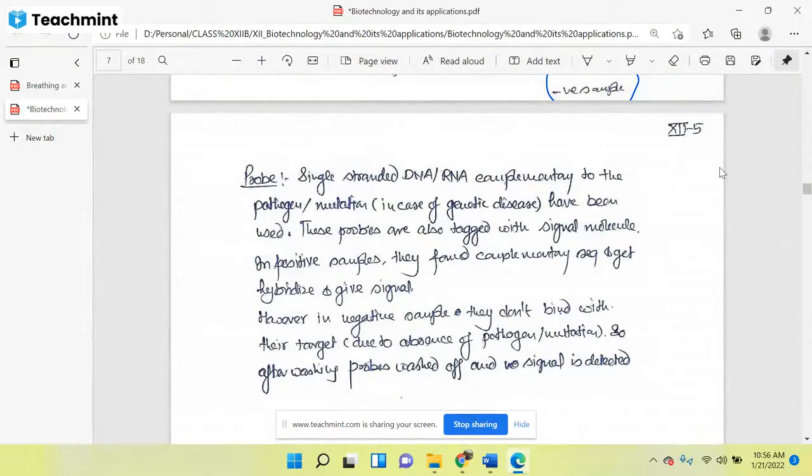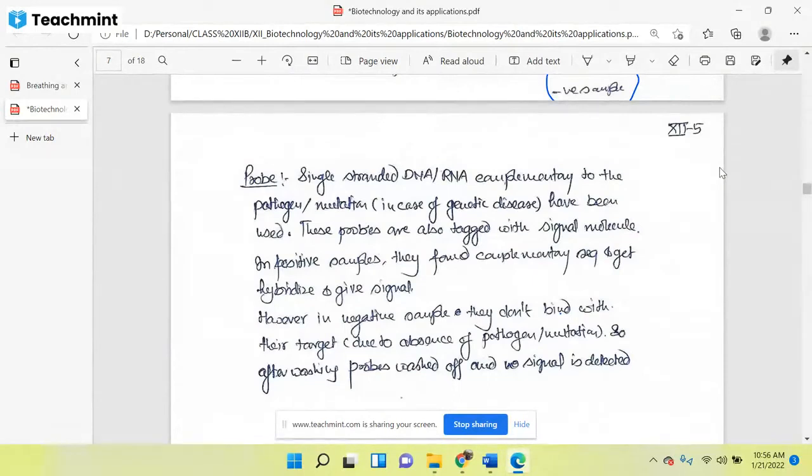So it is a stretch of 20 to 30 nucleotides of DNA or RNA, which would be made based on its complementary nucleotide. So based on the complementary nucleotide sequence, we are either making a DNA or RNA stretch, and the size of this stretch should be between 20 to 30 nucleotides.